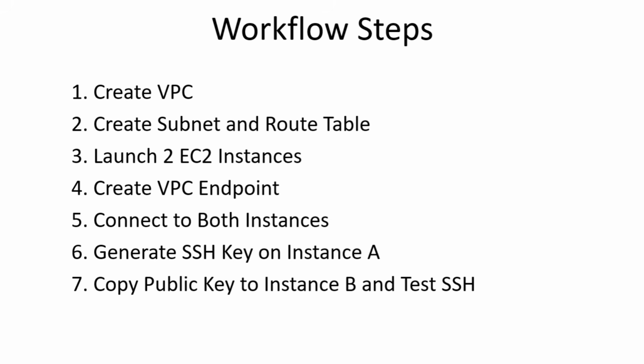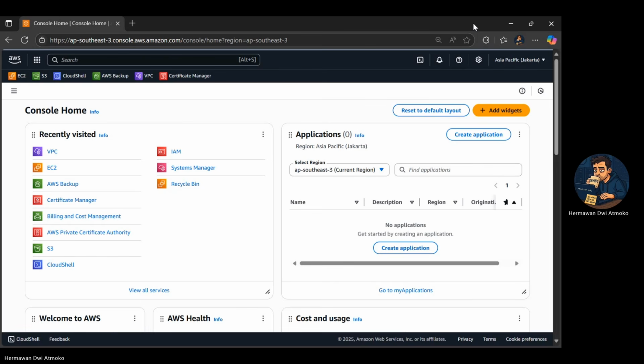On Instance A, we'll generate an SSH key pair, creating a private key for authentication and a public key to share. And finally, step 7. We'll copy the public key to Instance B and then test the SSH connection. If everything works, Instance A will be able to log into Instance B using private connectivity and key-based authentication.